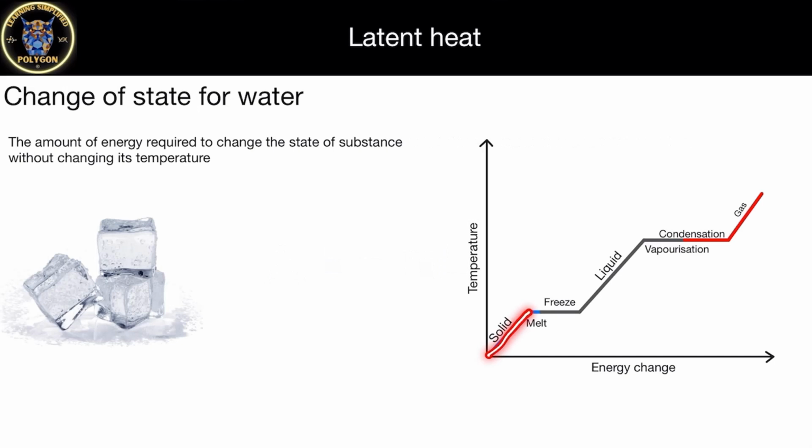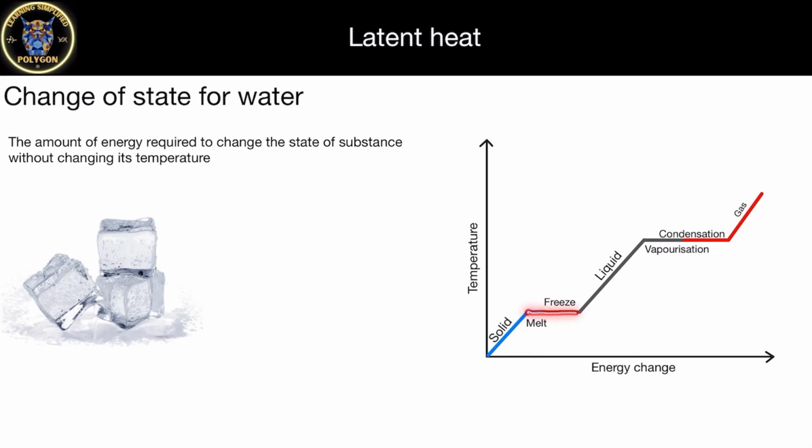Let's start with ice, when water is solid. Now, ice in the freezer is typically at a temperature of -20 degrees. When it is taken out into a room where the temperature is 25 degrees, the ice absorbs energy from its much warmer surroundings until its temperature rises to 0 degrees.